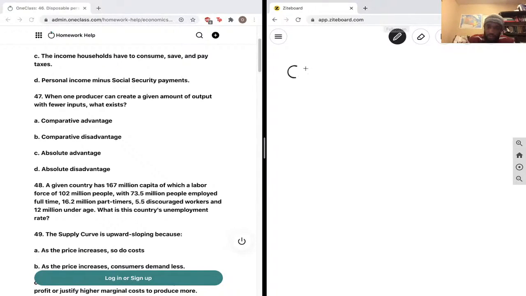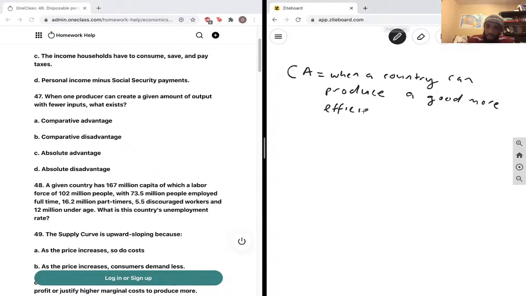Call comparative advantage CA equals when a country can produce a good more efficiently than another.